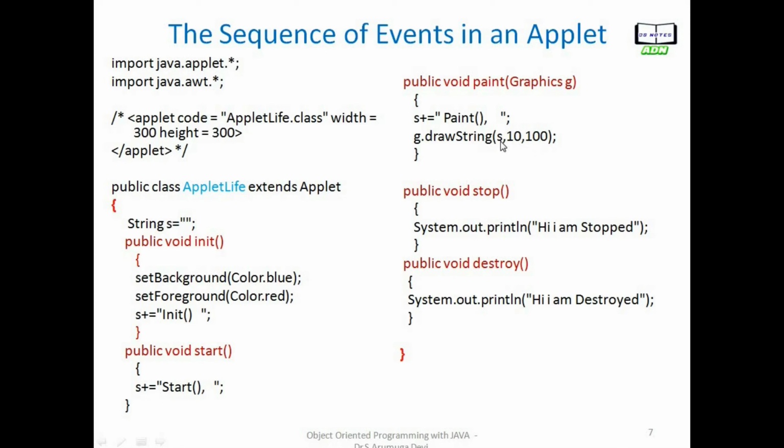So when the paint method executes, it displays init, start, paint. Stop is called whenever you minimize the browser window of the applet, and destroy is called when you close the applet. So this is the sequence called in the lifetime. Init is called only once, destroy is also called only once, and other methods are called many times.